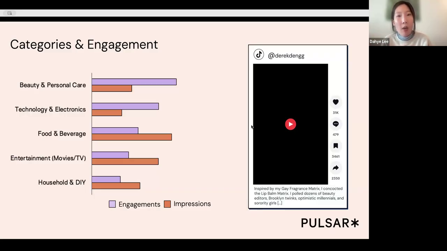As you see here, food and entertainment generate the highest impressions, they travel the widest, but their engagement is relatively raw, meaning they attract mass audiences without necessarily pulling people into interaction at the same level as beauty and tech here. Whereas beauty and tech consistently outperform on engagement, people actively interact with this content.